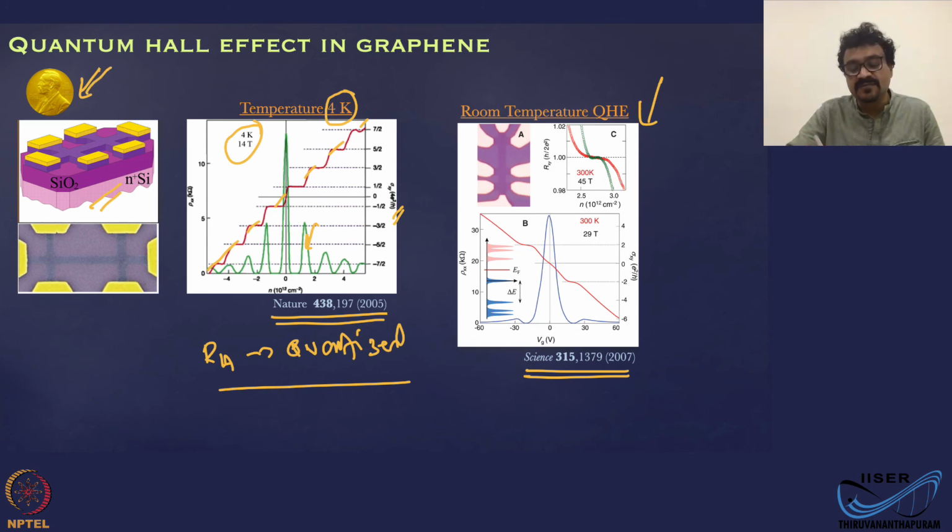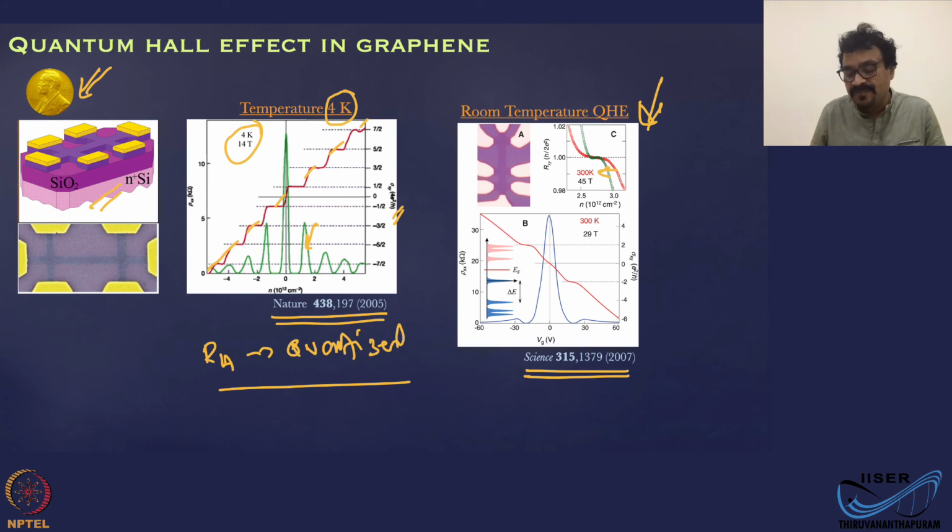It's probably the third Nobel Prize for performing a quantum Hall effect experiment. And interestingly, you can see this quantization even at 300 Kelvin, room temperature, in a sheet of graphene.